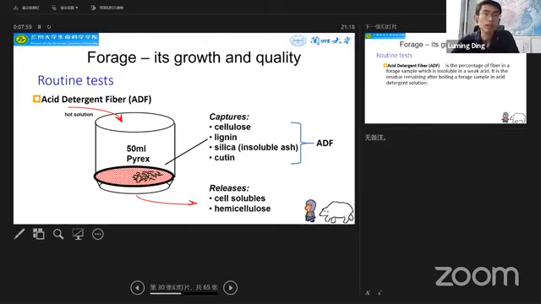So cellulose, lignin, silica, and cutin, these are ADF. Cell solubles and hemicellulose are washed out. The difference between ADF and NDF is the hemicellulose. So hemicellulose belongs to NDF.